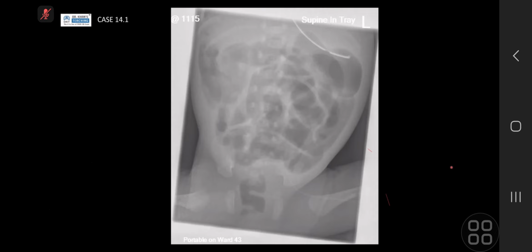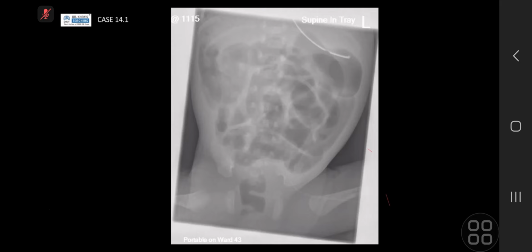Okay, yes. This is a frontal sonograph of an immature infant. I see there is a nasogastric tube passing into the gastric region for the stomach. I see multiple dilated bowel loops in the center of the abdomen. In the right hypochondrium, I see there is some mottling of the bowel loop wall.